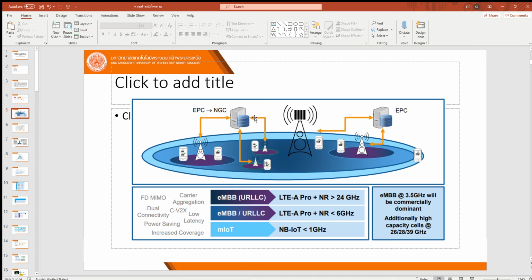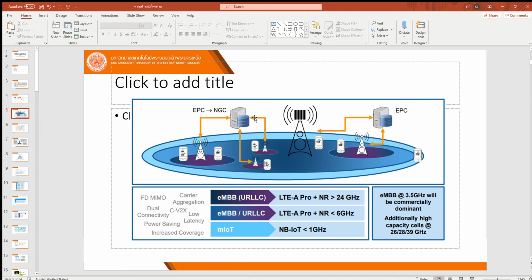Another one can be standalone. There are three major technologies. One is eMBB. Another one is URLLC, ultra low latency, and mMTC. So that means you can talk to many massive IoT devices.